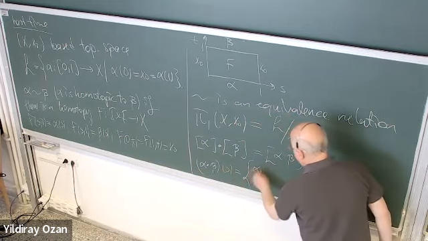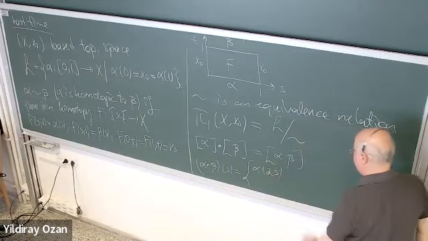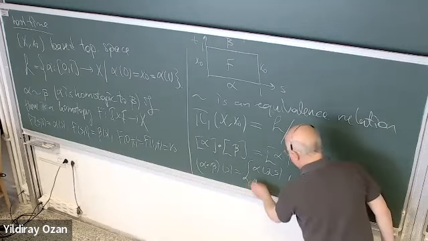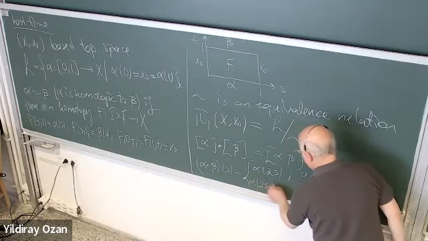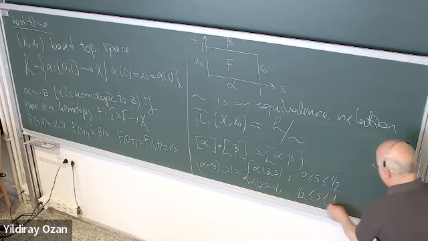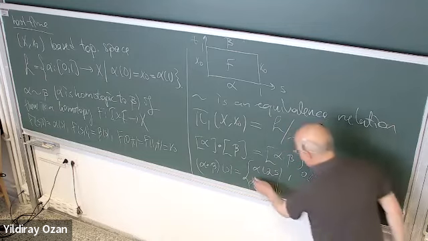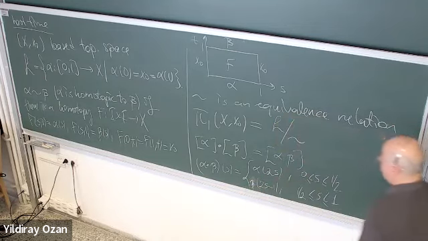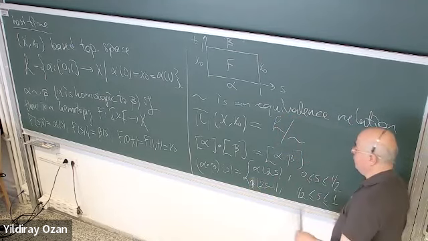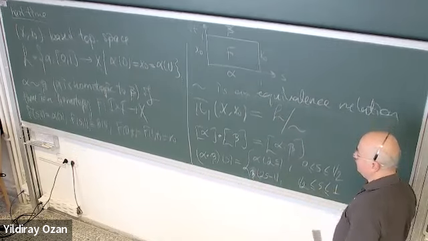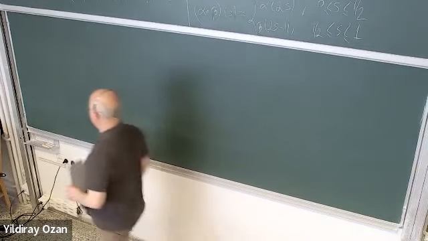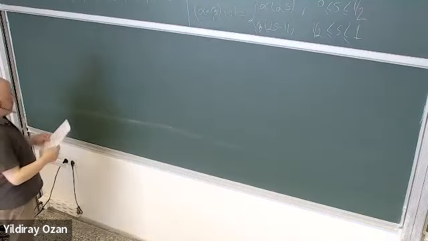In half the time, you go via alpha, and in the remaining half of the time, you go via beta. We showed last time that this is a well-defined operation. In other words, it is independent of the choice of the representatives of the equivalence classes.